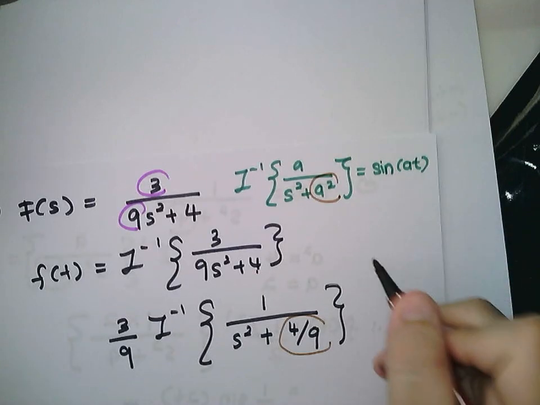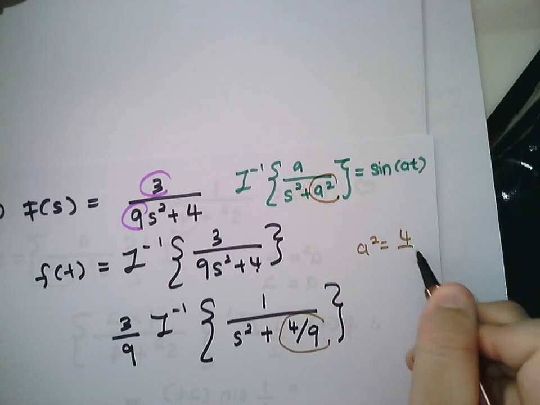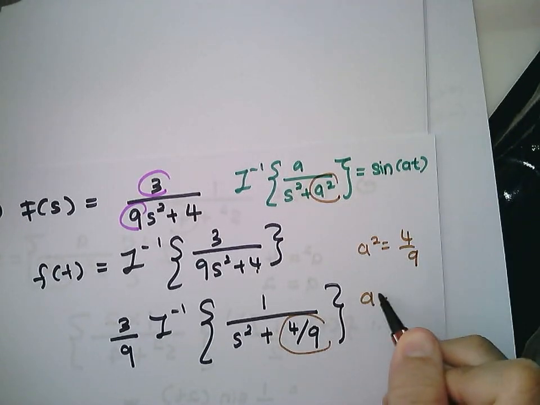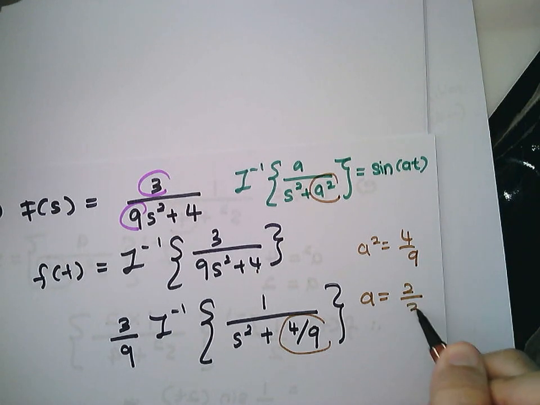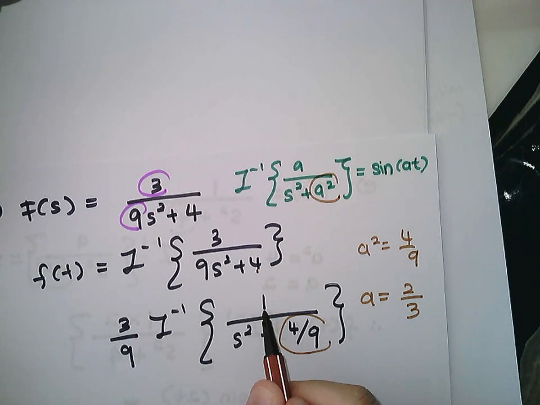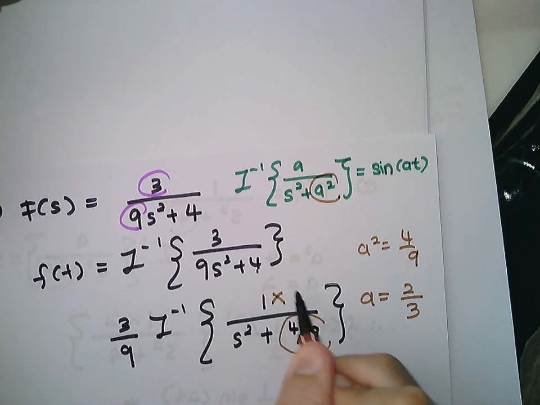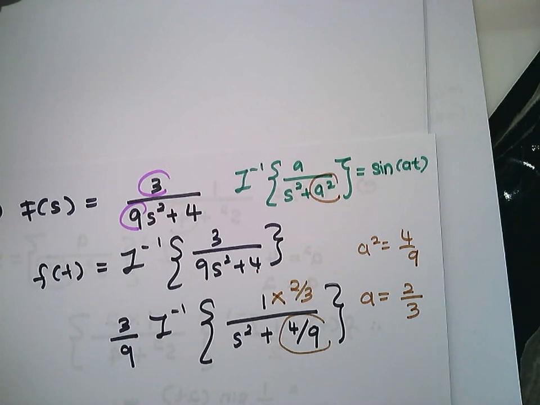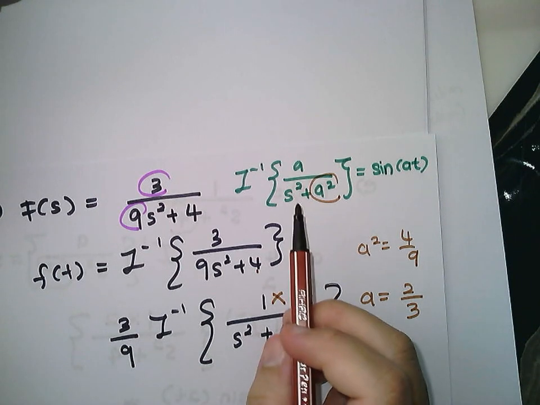Okay, so by comparing this one and what you have here, your a squared is equal to 4 over 9, so therefore your a is equal to 2 over 3. So supposedly this one here should be times 2 over 3, because your a is equal to 2 over 3.